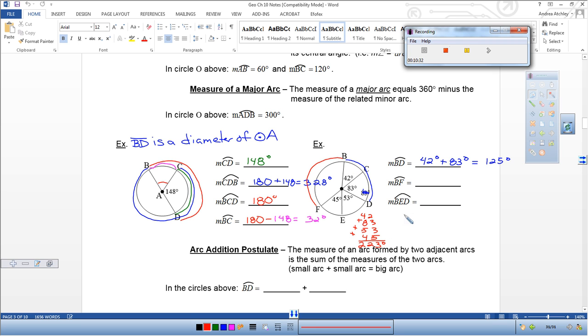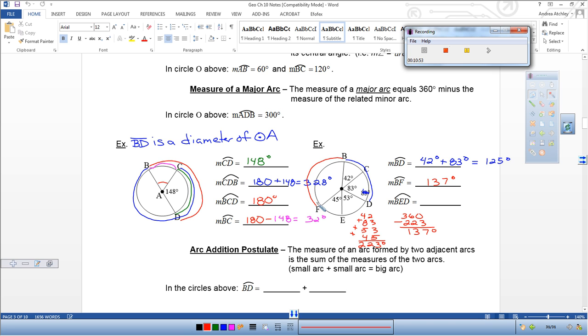Then we subtract that from 360. What does it measure? 137. I don't know for sure that BE is a diameter, and if I added this side all up, it would not be 180. So it's for sure not a diameter, even though it looks really close to it.